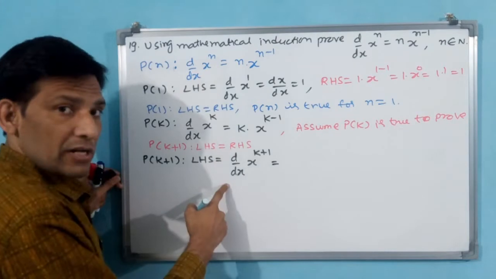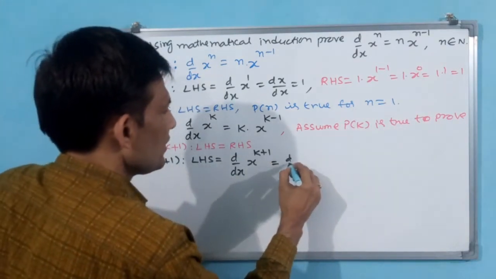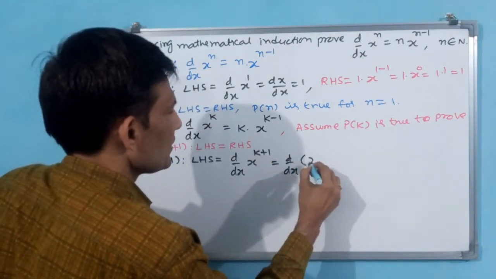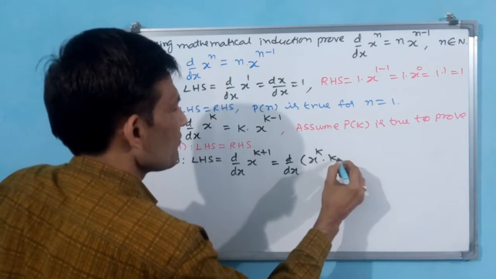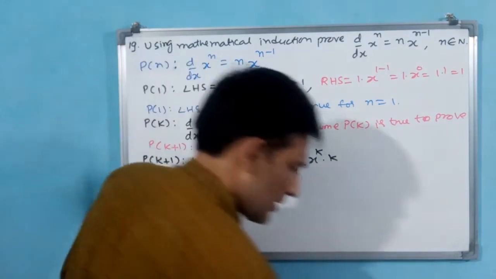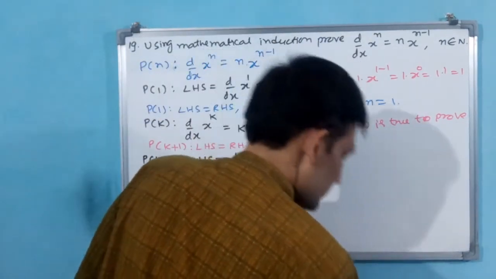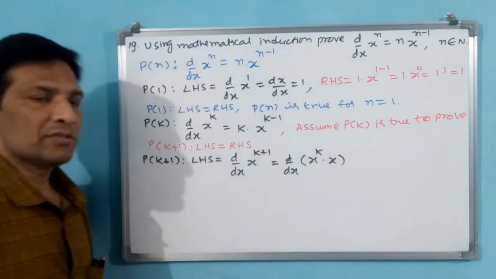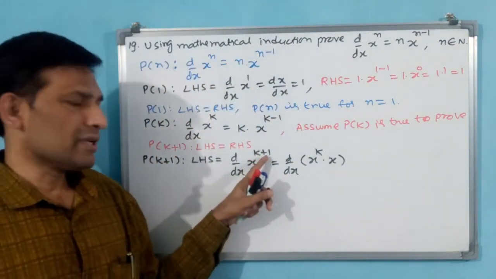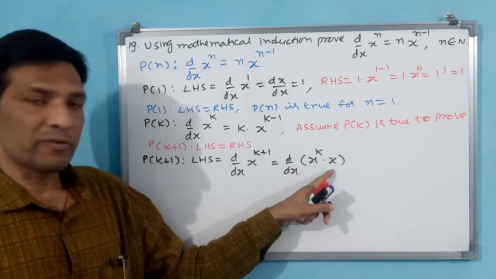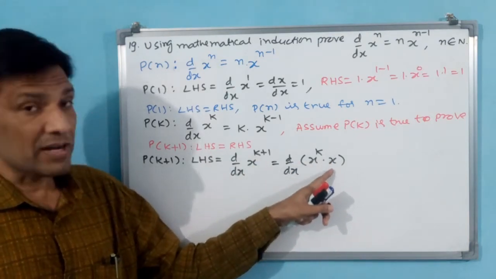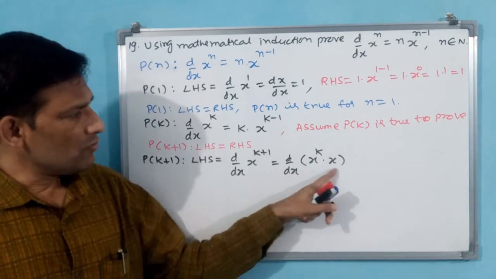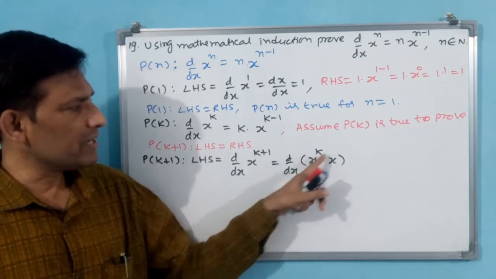But this you can also write like this, d by dx of x power k into x, not k, x you write. Is it okay? First you see why, because x power k plus 1 is equal to x power k into x power 1. Here 1 is there. Now if you multiply, bases are same, x power k plus 1 will come.